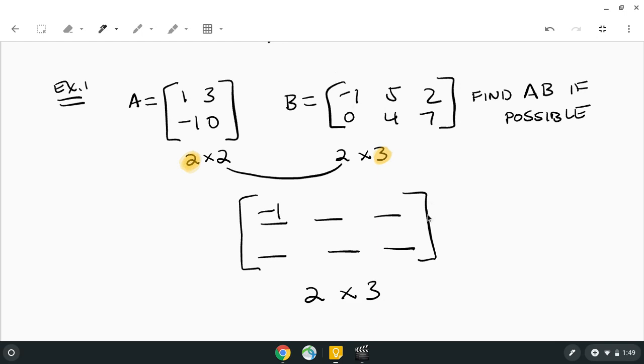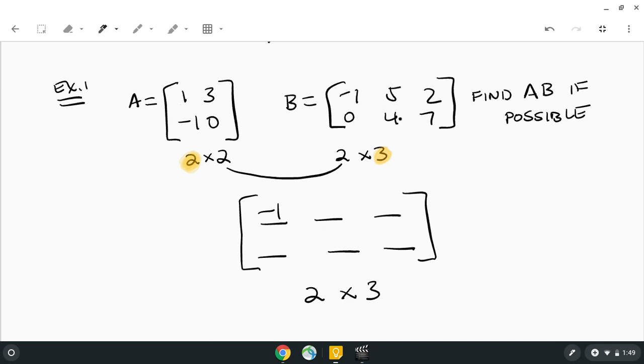Okay. To get this, okay, so this is our first row, second column. That means I'm going to use my first row, but I'm going to use the second column over here. Again, when I look in this first row, I have 2 elements.